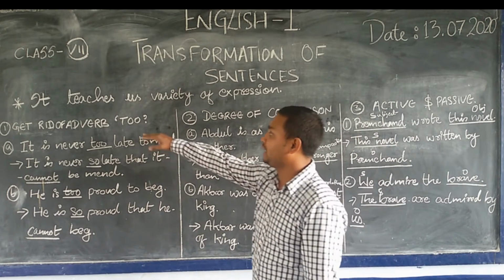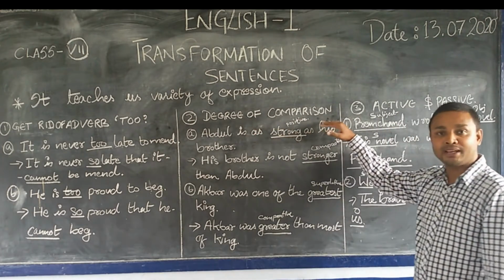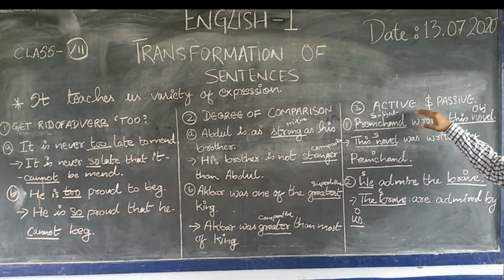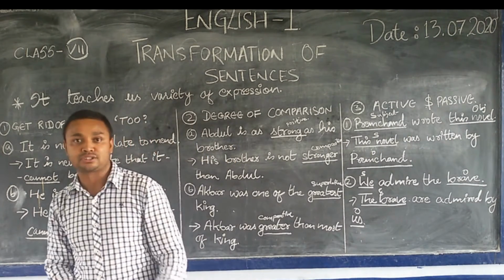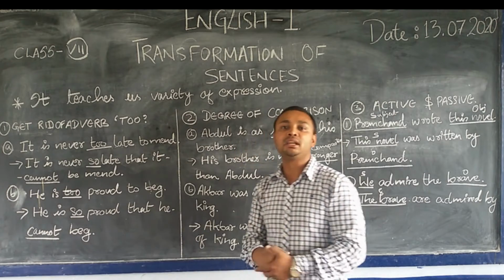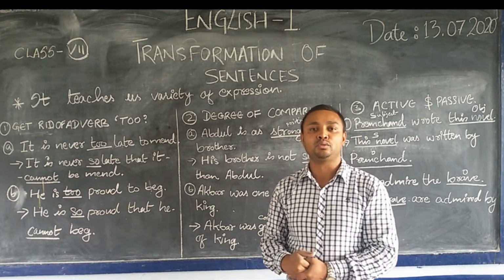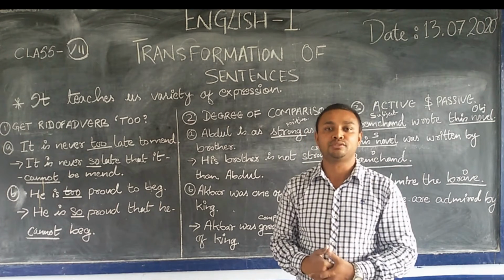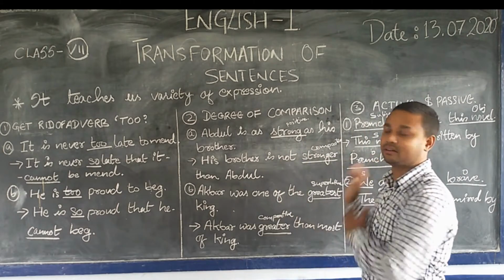One is getting rid of "to", one is degree of comparison, and the next one is active and passive voice. So we will be focusing on these 3 different sets today. There are very many subjects as well, but I will deal with those in the next video. Today we will pay attention only to these 3 aspects.